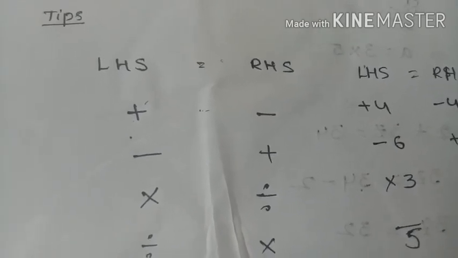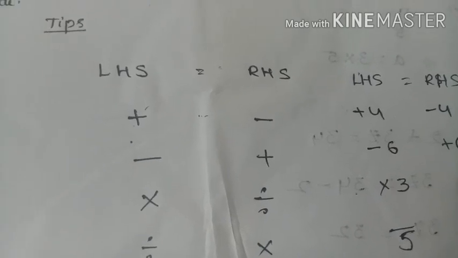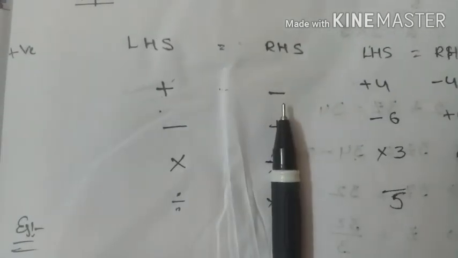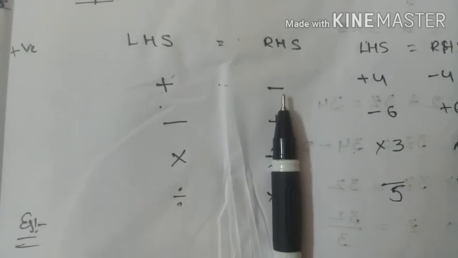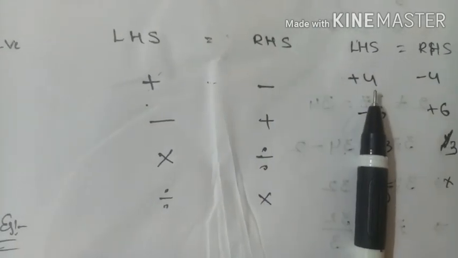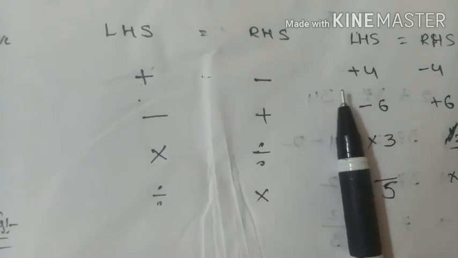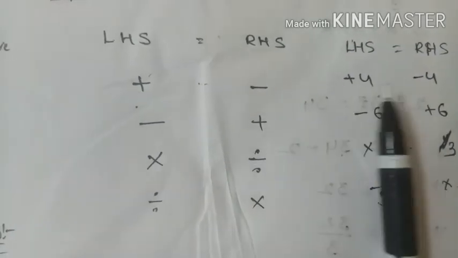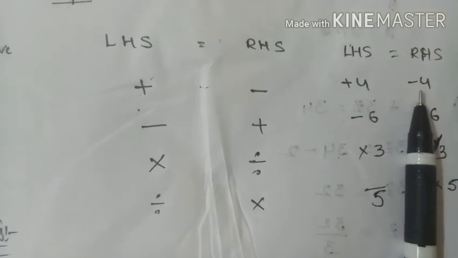Second, if you want to transpose any positive value from LHS to RHS, the positive value becomes negative. For example, +4. If you want to send +4 from LHS to RHS, it becomes -4.